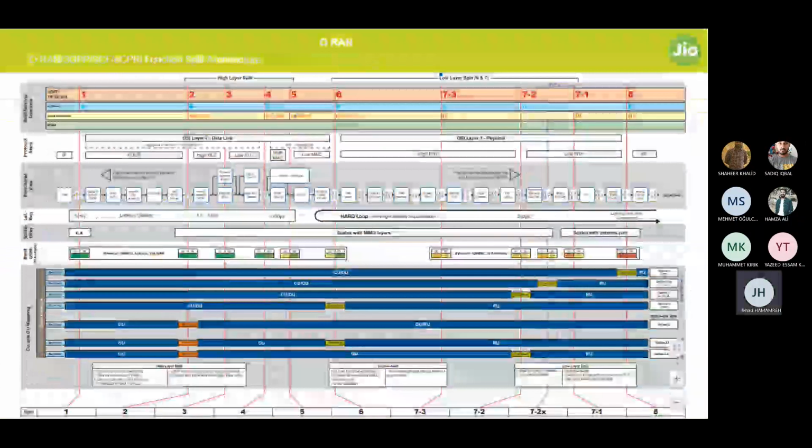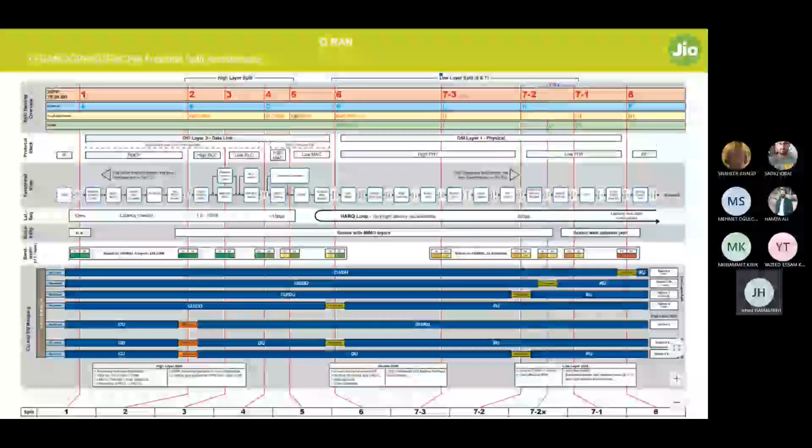This whole structure explains it better. It shows you different types of splits, and it clearly tells you, for example, split 7.2 happening at physical layer 1. It's splitting the physical layer into two parts, basically. The RF and some IFFT and filtering are going to be in one part, the radio unit, and the others in another part.